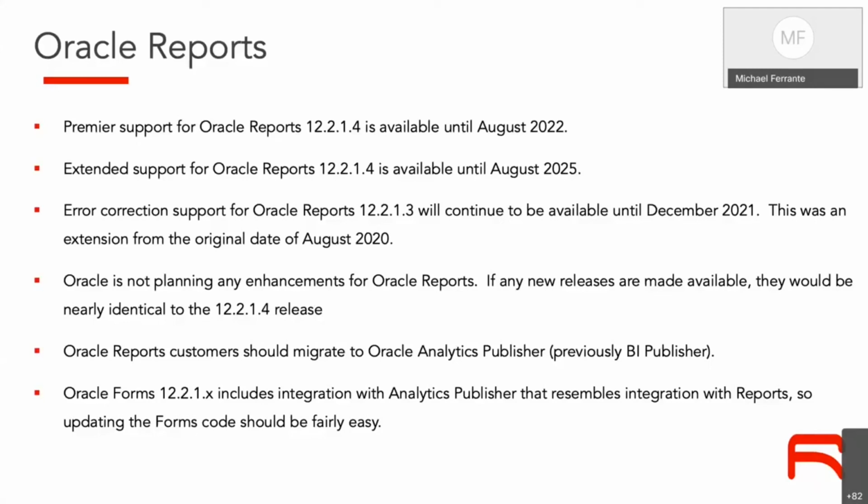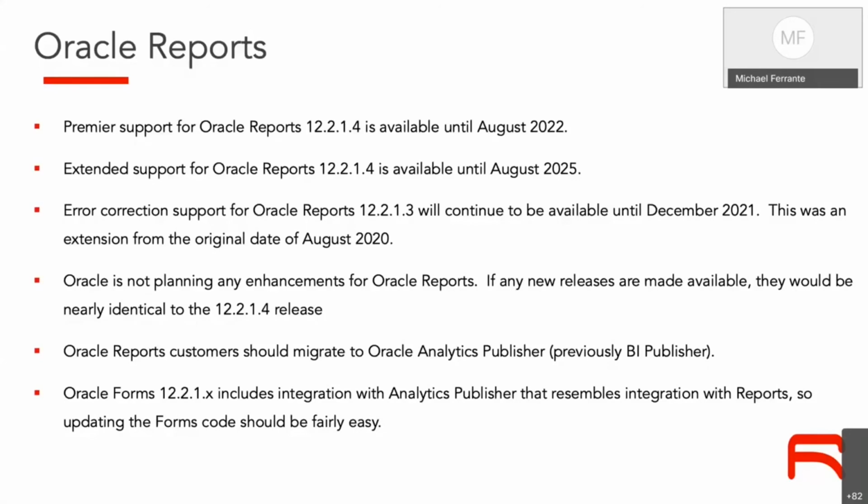Error correction support for 12.2.1.3 has been extended through December 2021. So if you happen to remain on 12.2.1.3 of Reports, you'll be able to get bug fixes and that kind of thing without upgrading to 12.2.1.4. I don't recommend doing that, but if for whatever reason you need to, this will allow you to do that.